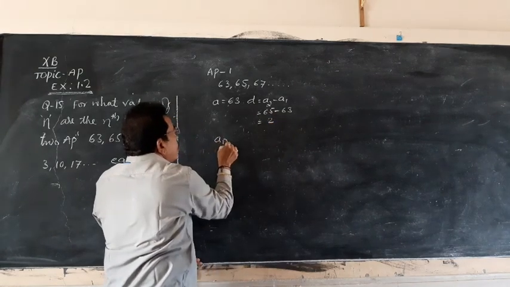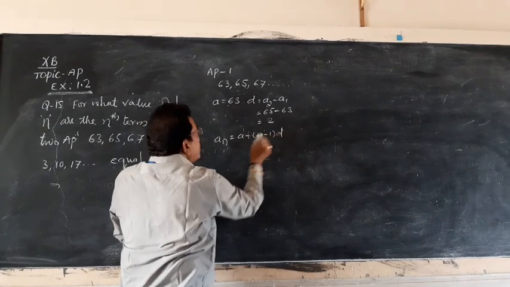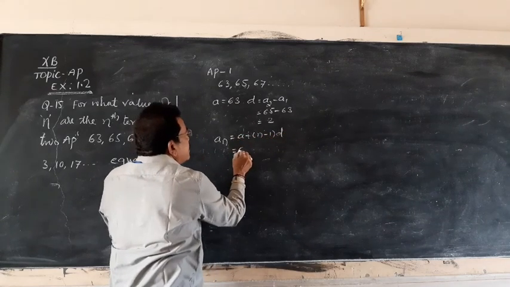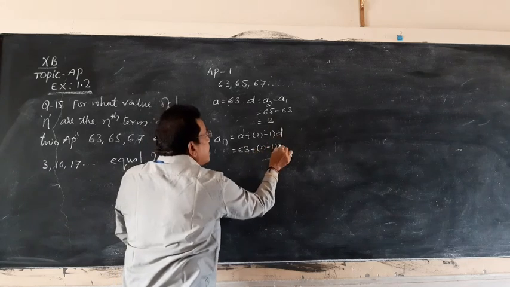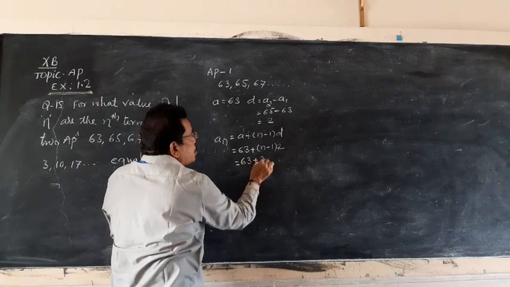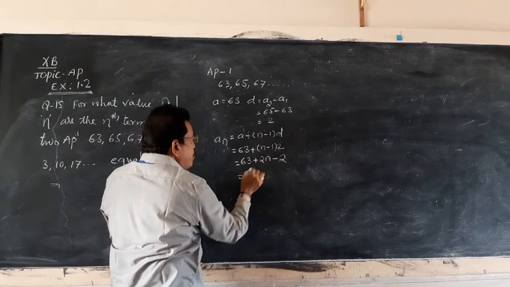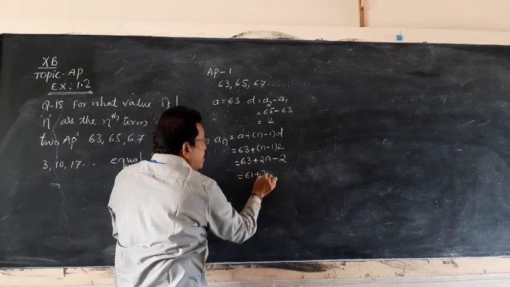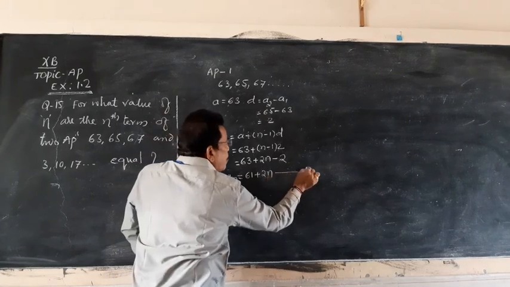Now, An equals A plus n minus 1 into D. A is 63, n we don't know, D is 2. So 63 plus 2n minus 2, that is 61 plus 2n. That is An for the first one.